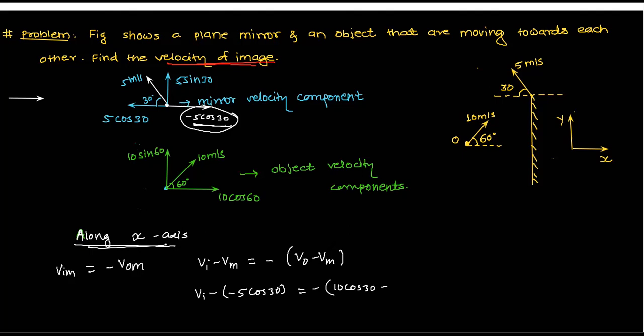Velocity of mirror. Velocity of mirror again you see here. This component is also along negative x-axis. Negative x-axis means this one again. What you are getting here? This is also minus 5 cos 30 for this one. Yes, got it?